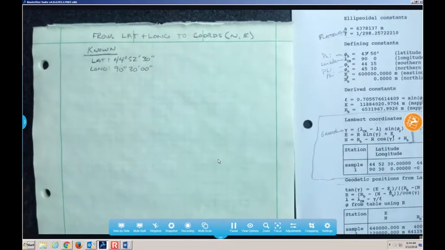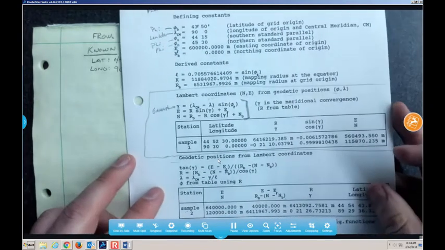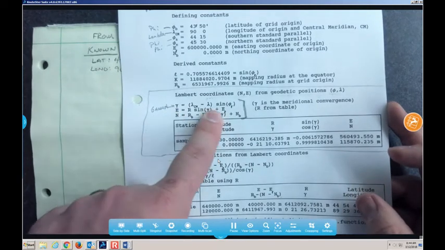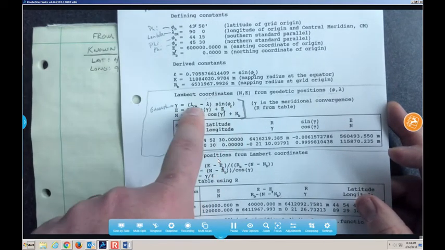Now, the first thing we want to do here is solve for gamma. This nice long equation here, gamma. So let's write that out.